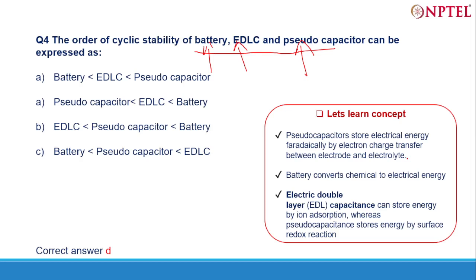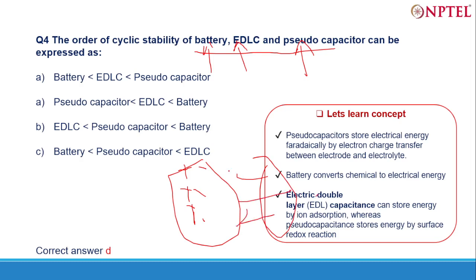And electric double layer capacitance we discussed some two to three slides earlier. Electric double layer capacitance can store energy by ion absorption. Basically in electric double layer capacitance, you have a double layer of charge at each electrode. This is the electrode, in between is the permeable separator.